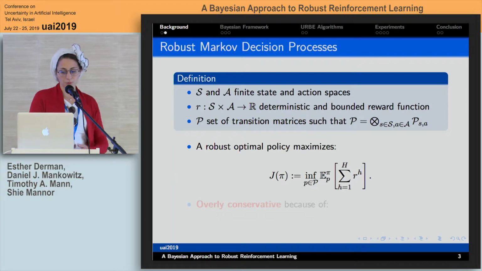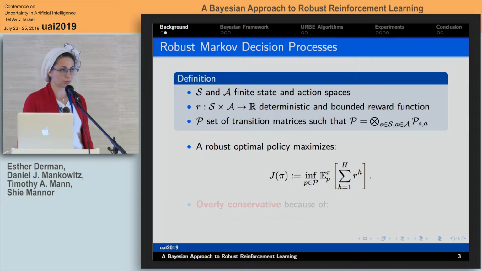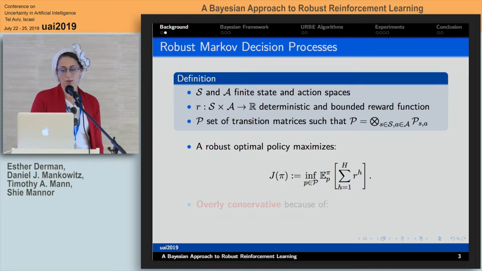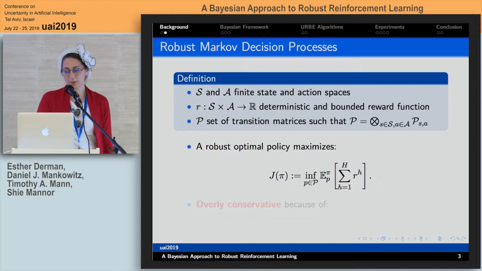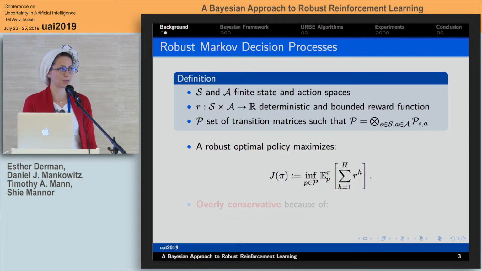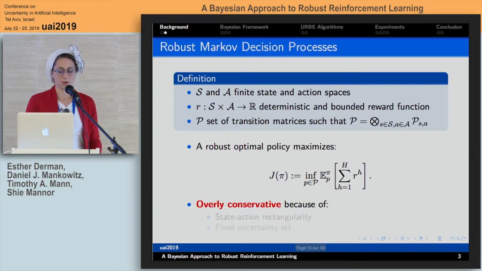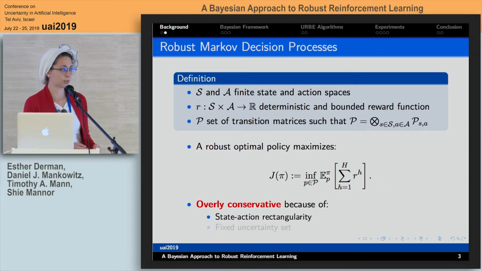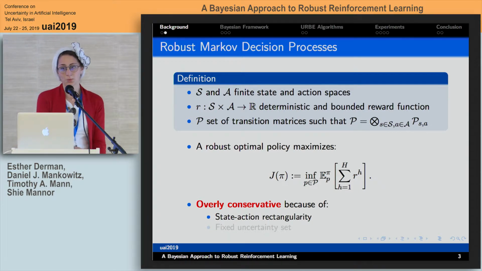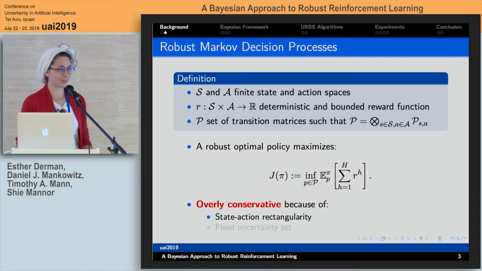And so this rectangularity assumption, as I mentioned, can lead to overly conservative behavior. Because, for example, instead of taking the worst trajectory, you will take the worst next state transition for each state and action separately. And there have been several works that try to relax this assumption without altering tractability.